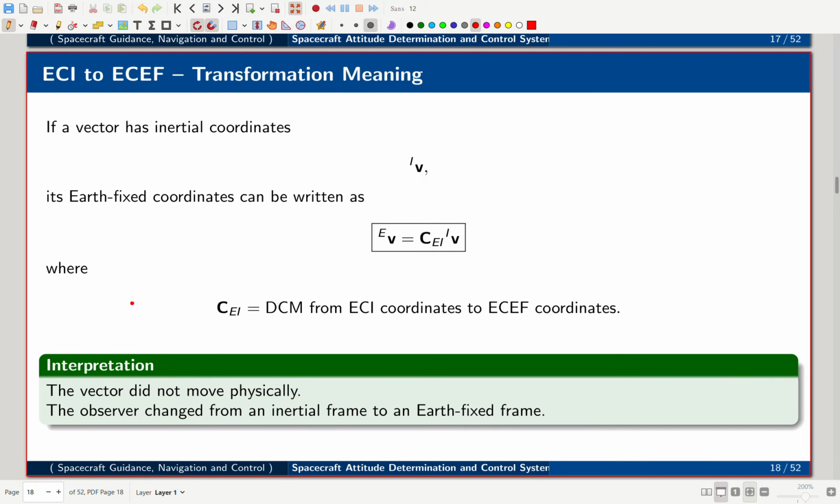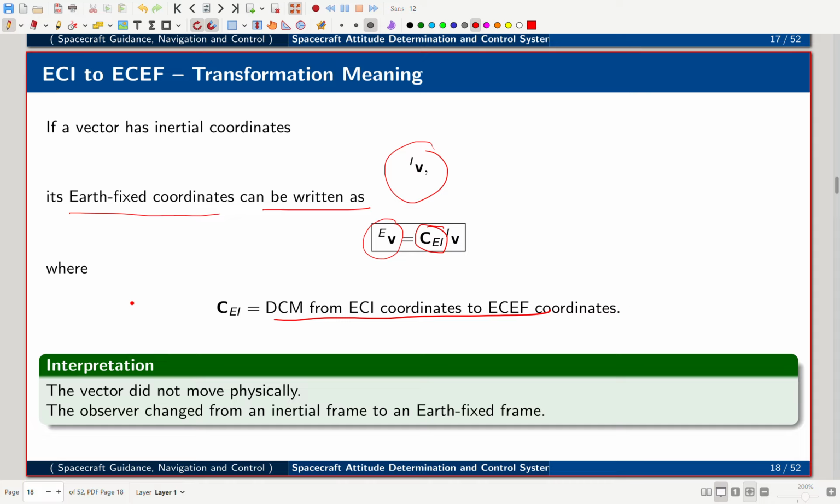So the ECI to ECEF transformation model: if a vector has inertial coordinates like this, the Earth-fixed coordinates can be written as this, which is changed into ECEF. This is a direction cosine matrix, which we will discuss later.